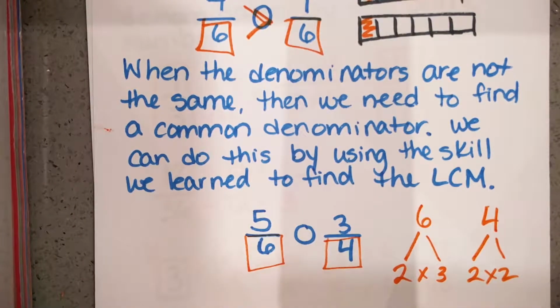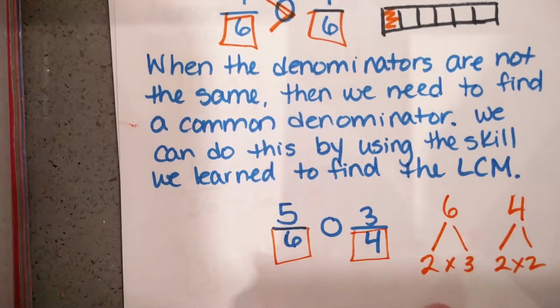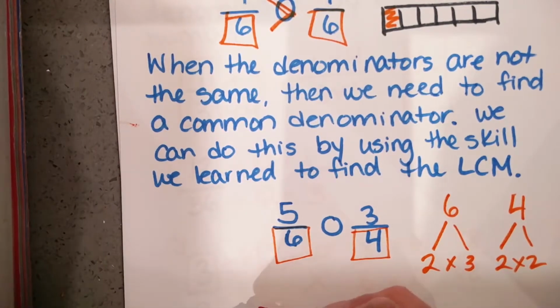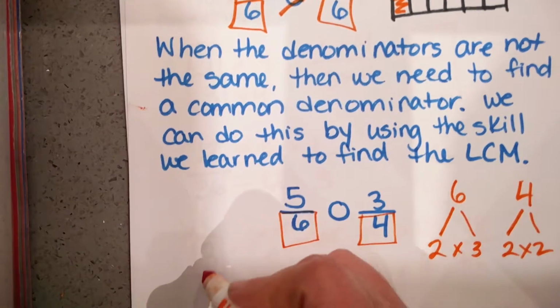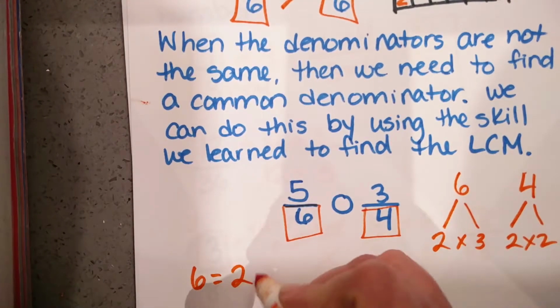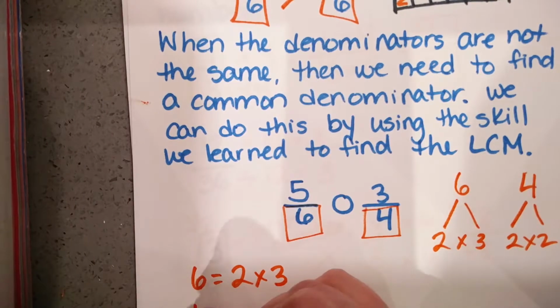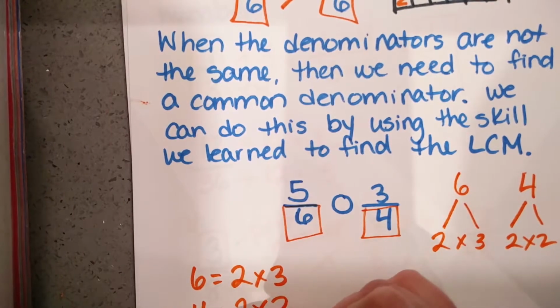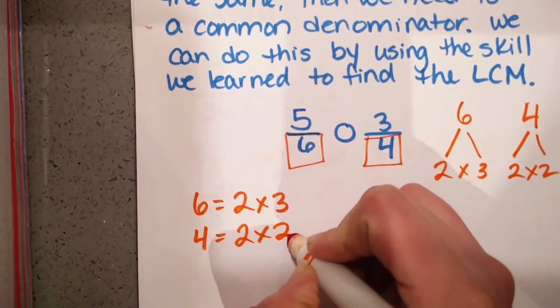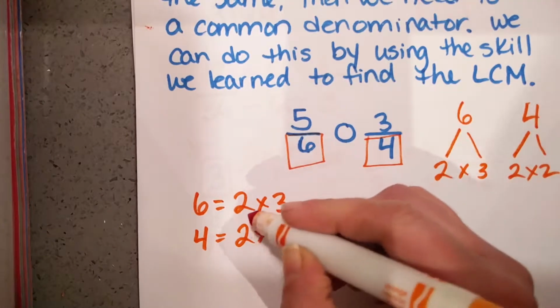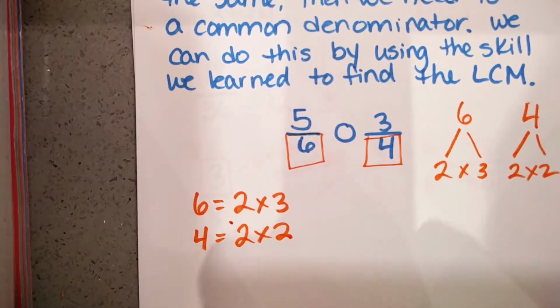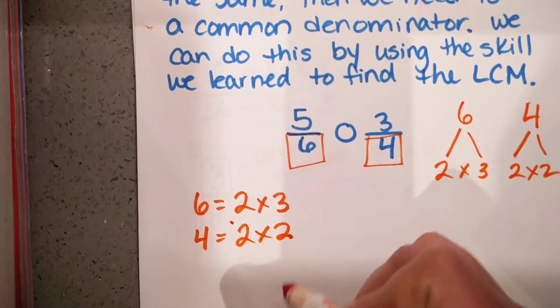Now, the way that we can find the lowest common multiple, remember, is to take the most of each. So I would say that 6 equals 2 times 3, and 4 equals 2 times 2. How are we going to find the lowest common multiple? Well, I notice that 6 has one 2, 4 has two 2s.